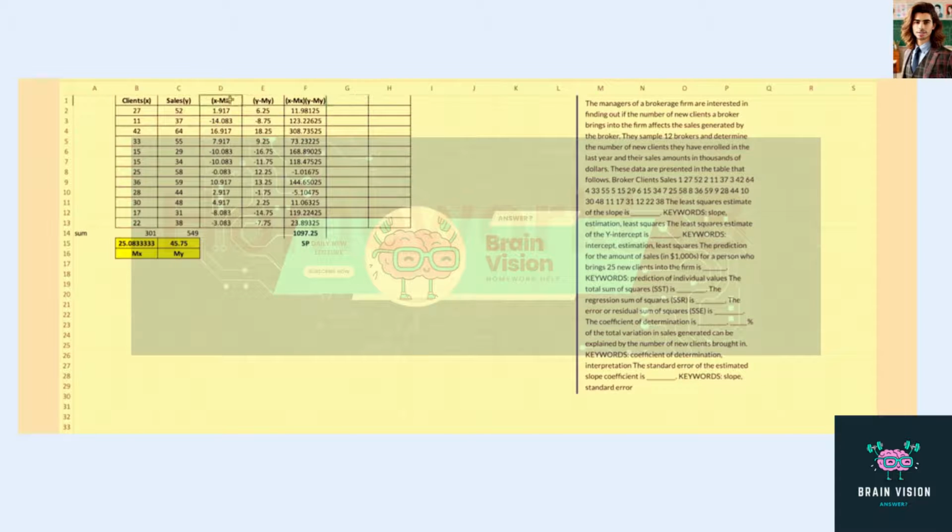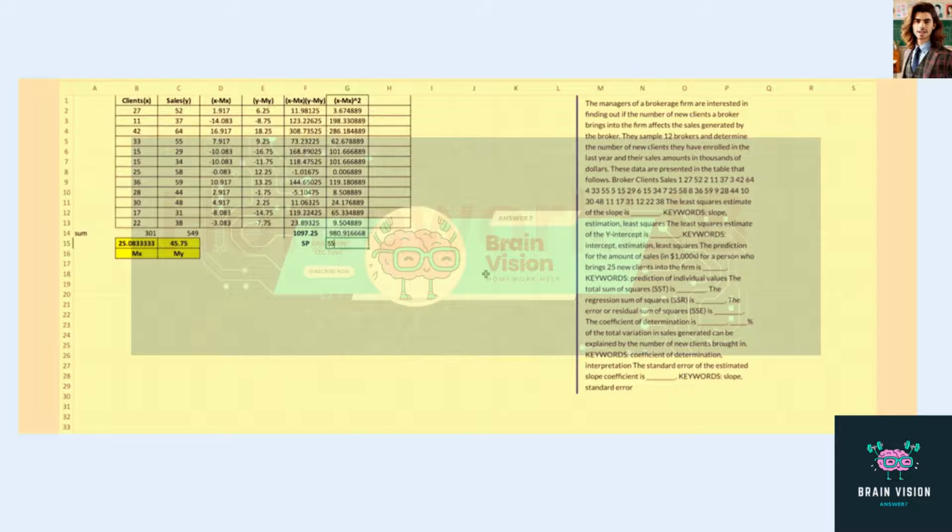Then I'm going to take each one of my X minus the mean of X values and square them. Then I am going to add them all together.